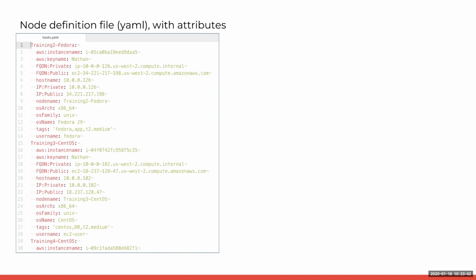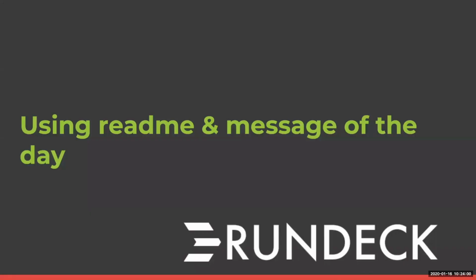So that file in the right format is what I would point my project to as a node source, and it would process those all and always use whatever the live version is of that file and its data to define my nodes.